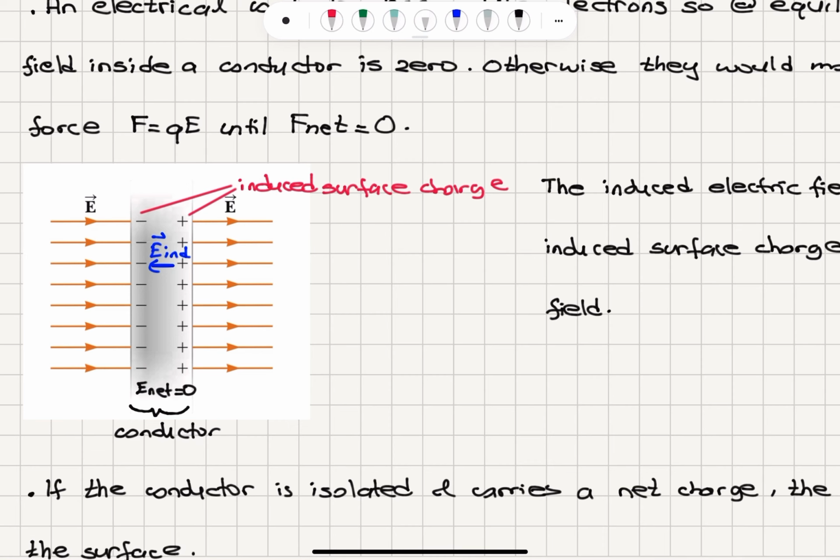That's the source of the electric field, and from positive charges to negative charges on the other side. What we see here is that the mobile electrons will see this electric field and will feel a force that will make them move towards the left hand side.